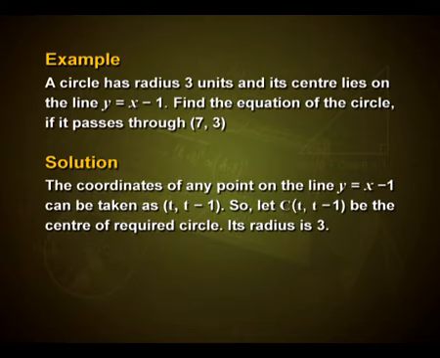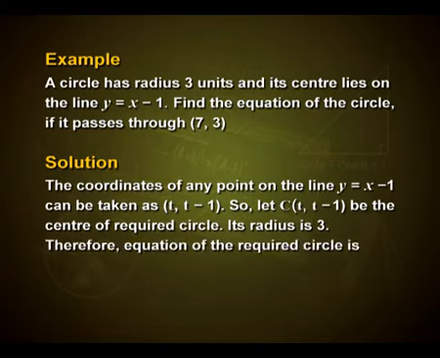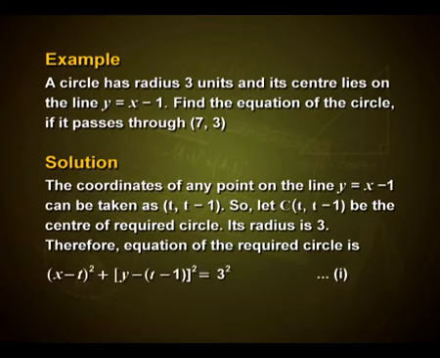So, let (t, t - 1) be the center of the required circle. Its radius is 3. Therefore, the equation of the required circle is (x - t)² + (y - t + 1)² = 3². Take this as equation number 1.